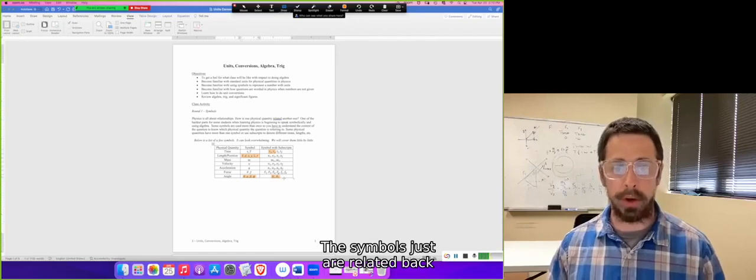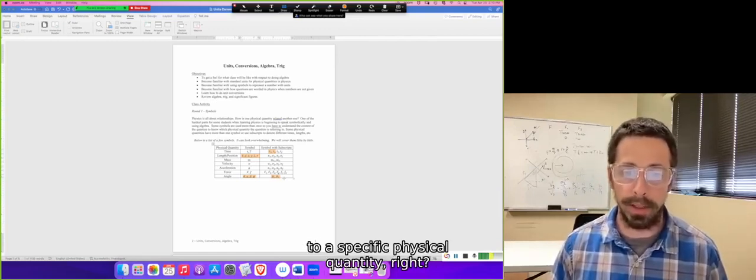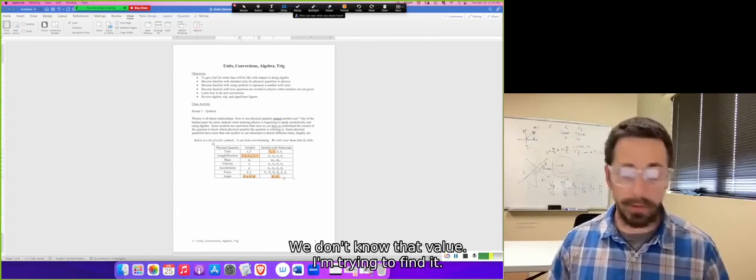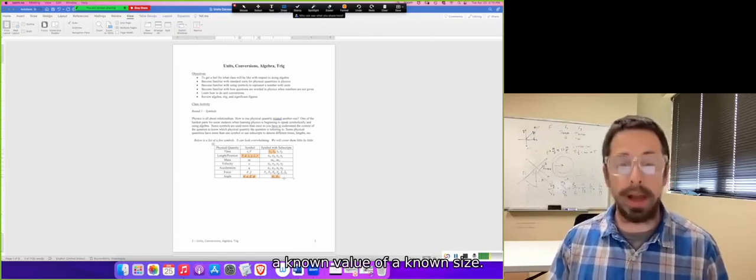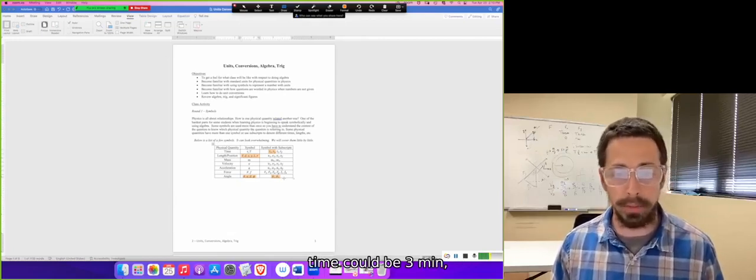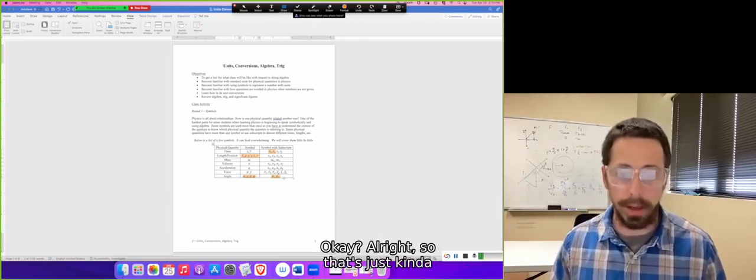The symbols just relate back to a specific physical quantity, right? Sometimes it can relate to an unknown. We don't know that value. I'm trying to find it. Other times it can relate to a known value of a known size and unit, right? Time could be 3 seconds. Time could be 3 minutes. Time could be 60 hours, okay?